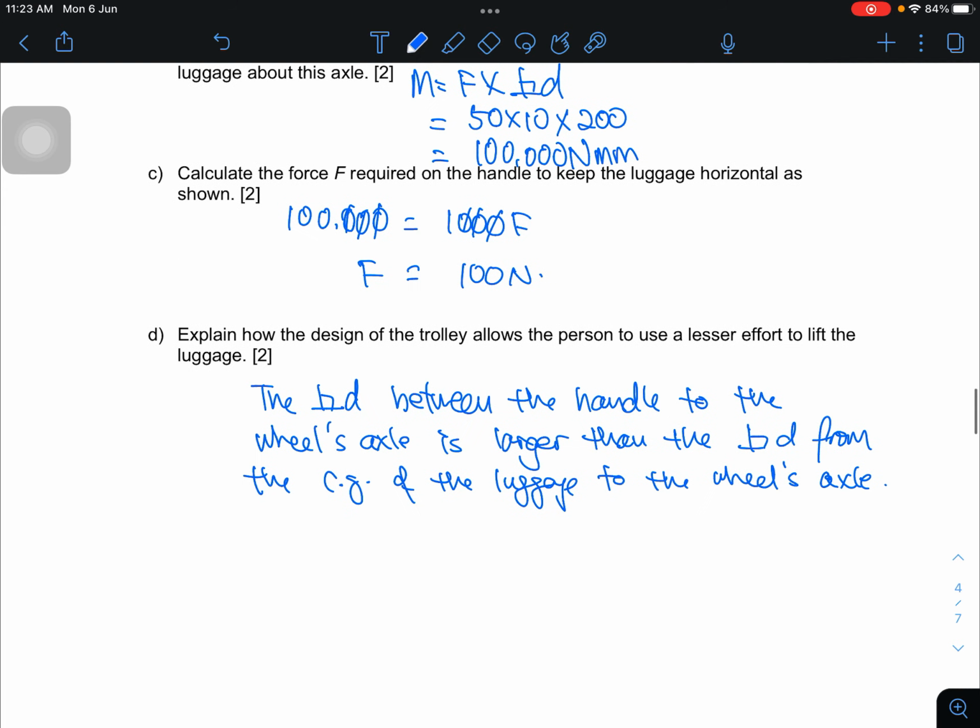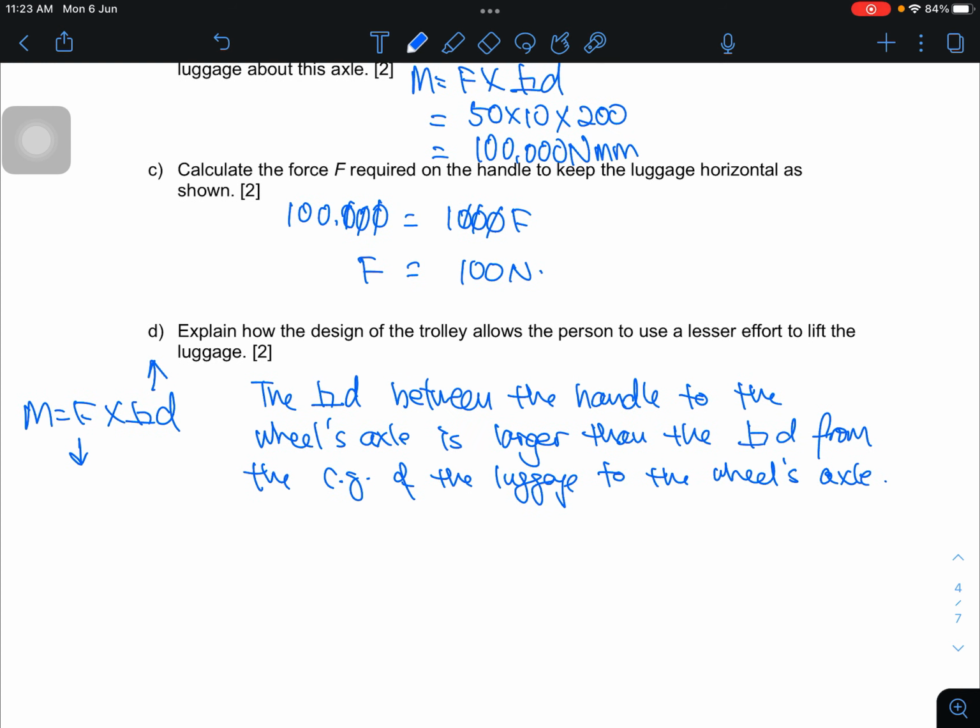So I'm going to write this here, so that you don't have to refer. So what if my perpendicular distance is larger? Then the force required or the effort required is less.